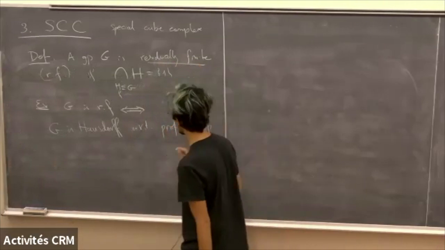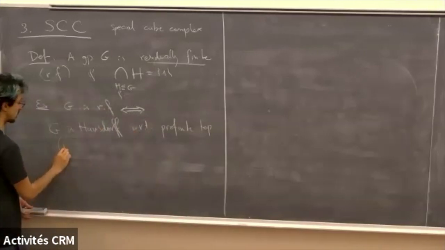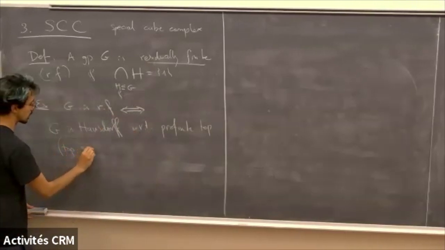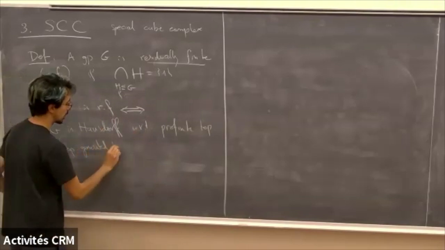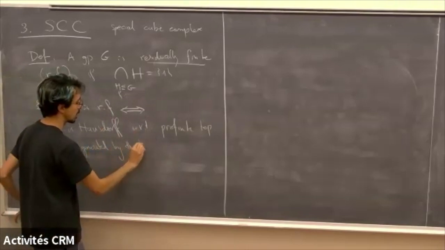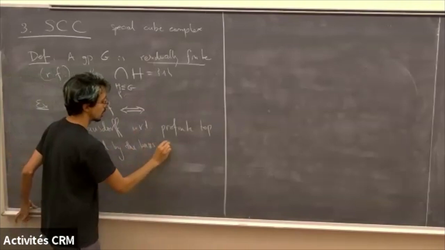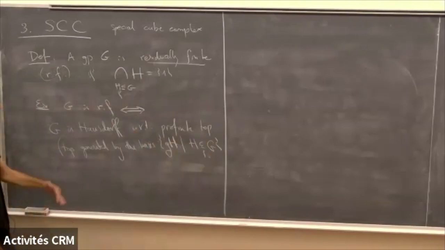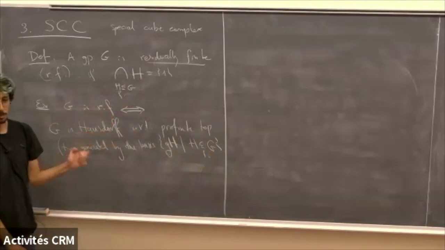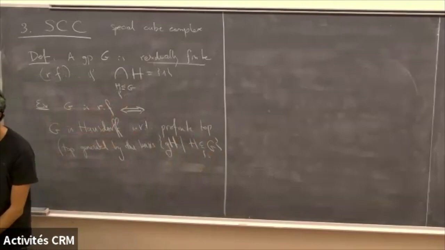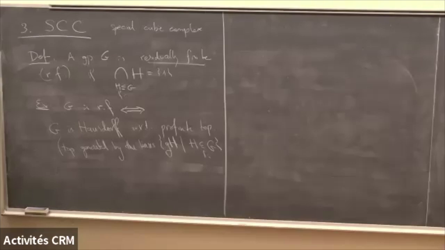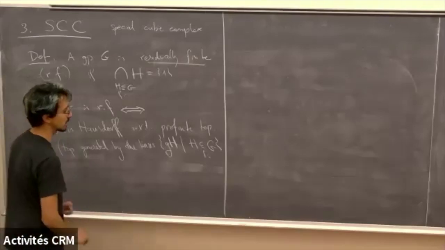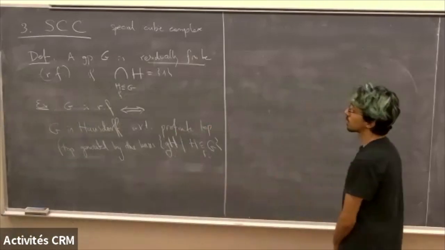So what is this profinite topology? It's the topology generated by the basis of cosets of finite index subgroups. So the residual finiteness somehow translates into a topological property, some nice topology one can put on a group.